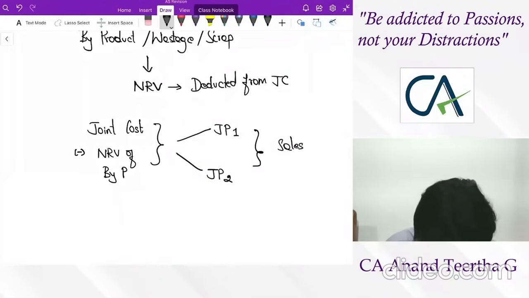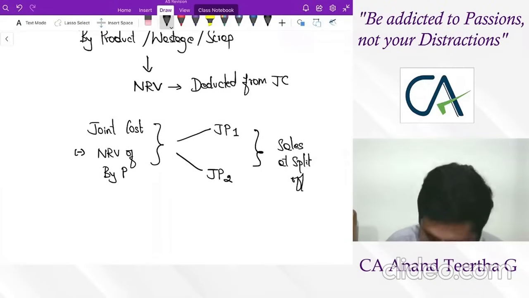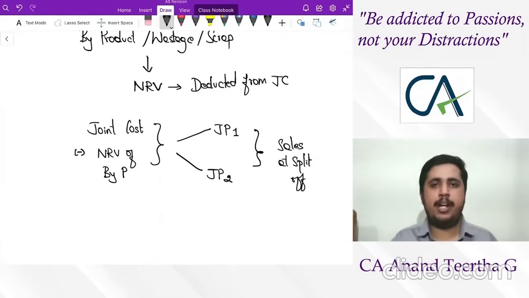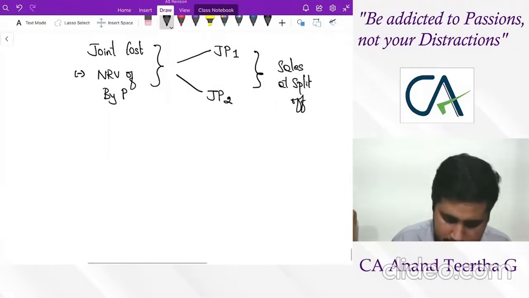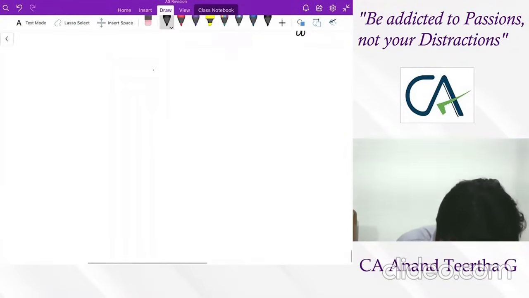Sales at split off. So this is how it should be done. If there is a joint cost, first deduct the byproduct NRV, and the net amount is divided between joint products in a ratio. What is the ratio basis? Sales at split off. So that's how this joint product and byproduct mechanism is supposed to be considered. After this, the standard talks about cost formulae.